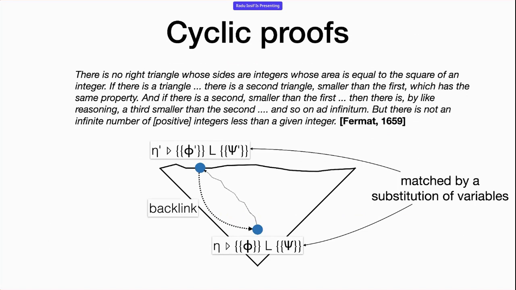The soundness for this proof requires that on this cycle between nodes of a backlink, there is at least one unfolding rule, and then that there is a principle of infinite descent that was stated in the 17th century by the French mathematician Fermat, which states that these proofs are sound whenever we cannot decrease infinitely along these cycles.